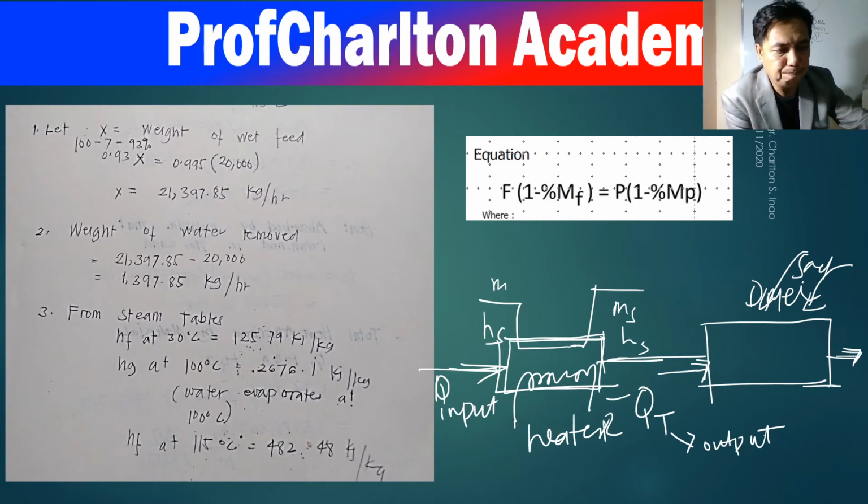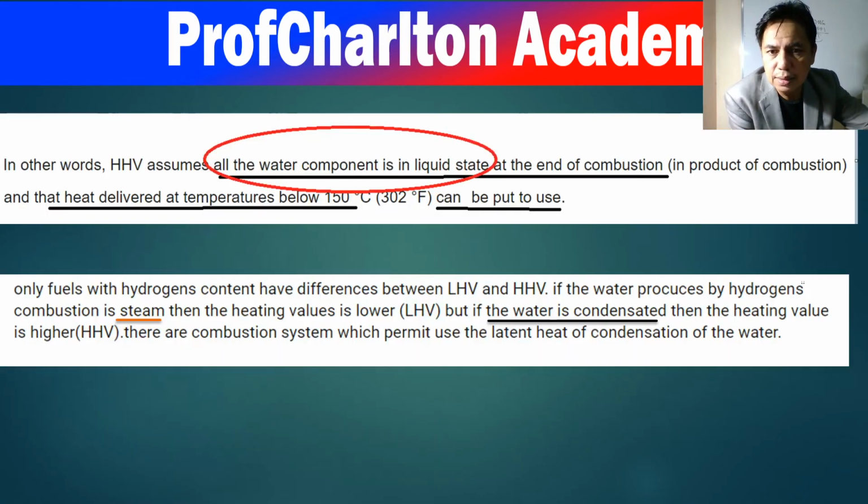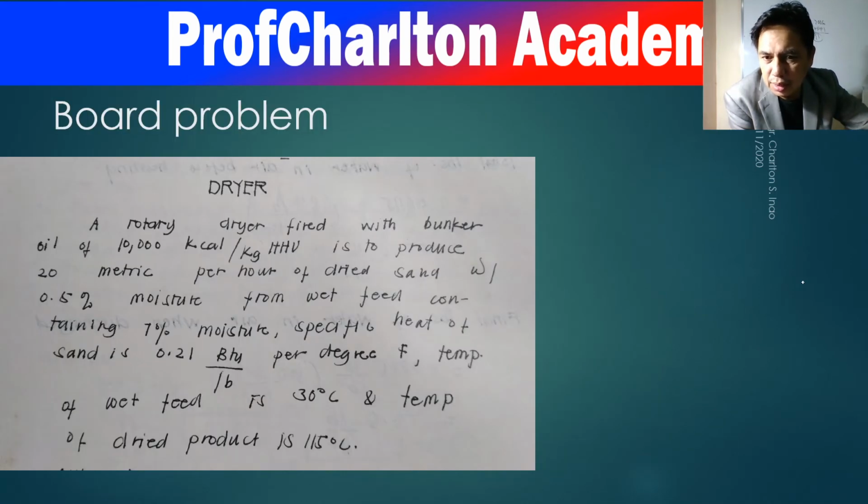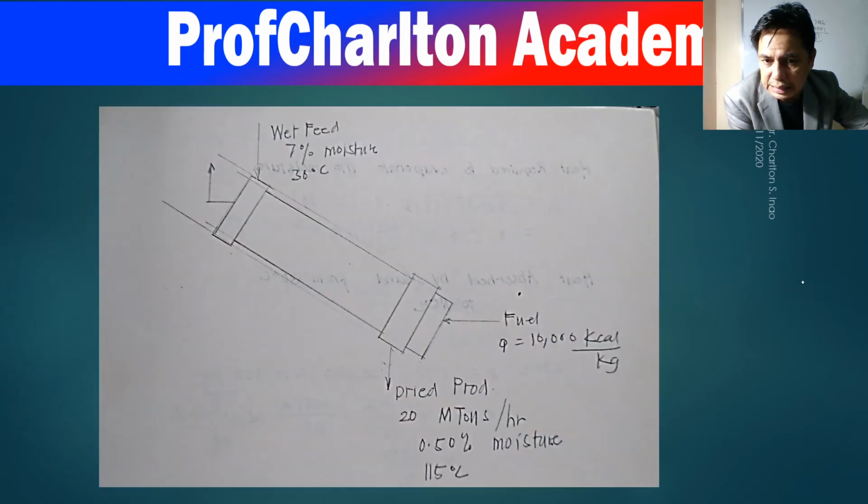So from 30 it becomes 100, I guess. Let me go back to the given to be sure. Yeah, 30 degrees centigrade wet feed 215.